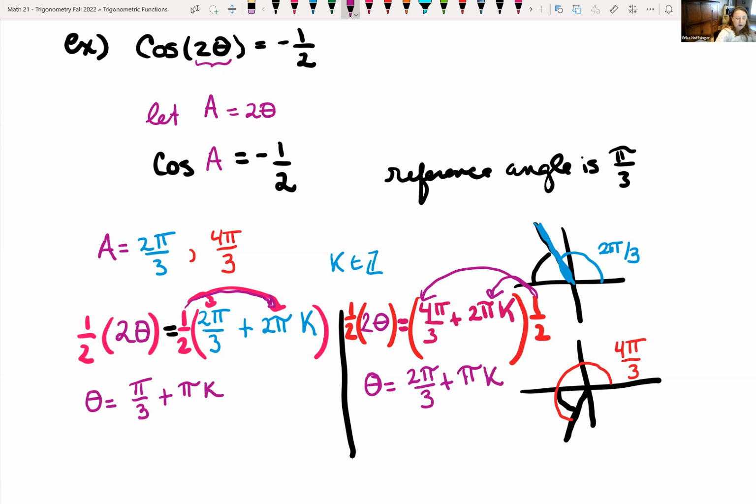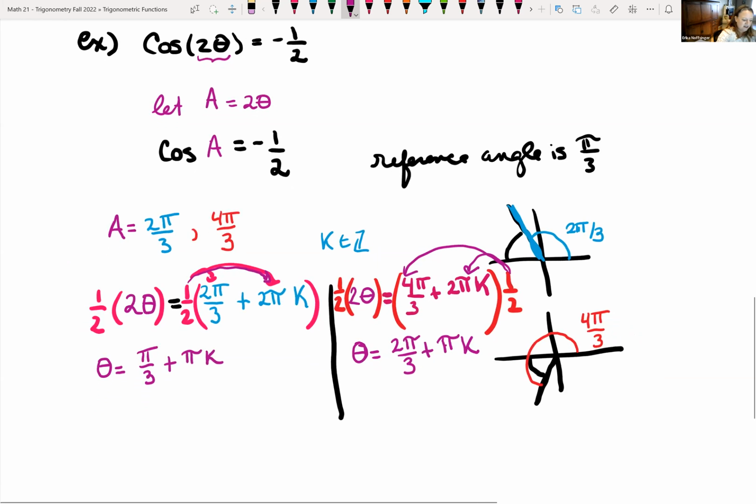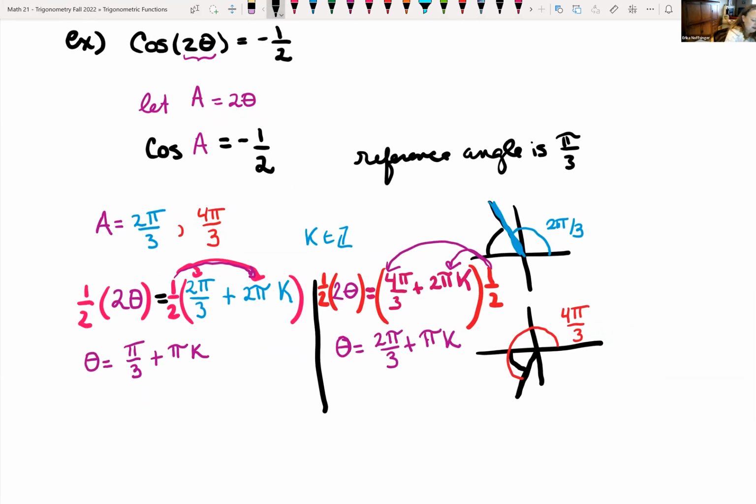So we want to find all the angles that would work between 0 and 2 pi. And so let's just start giving values. Let k be 0. So if k is 0, I plug in 0 for k here. Well, pi times 0 is 0, and that would just leave me that theta is pi thirds. So there's one answer. Pi thirds is between 0 and 2 pi.